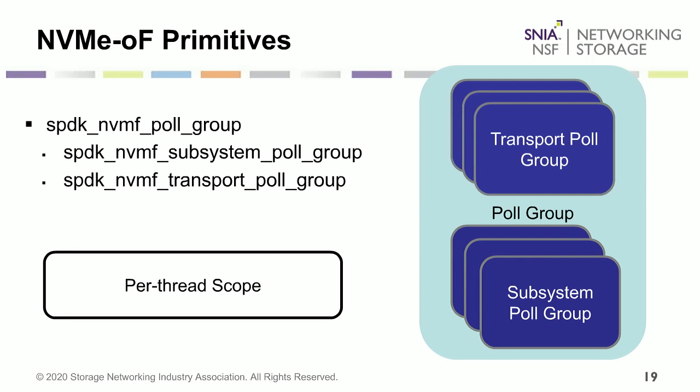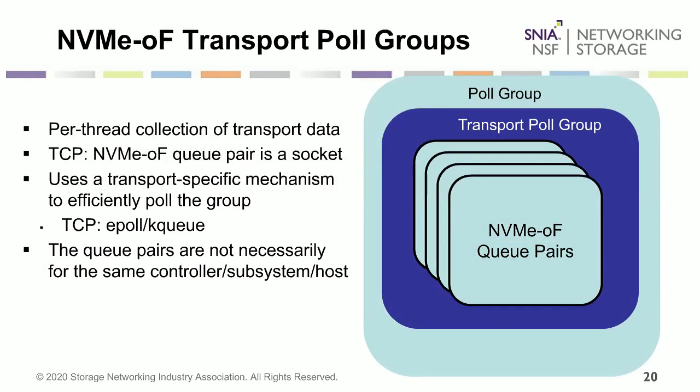And so you'll see here that these poll groups have things inside of them that mirror those two global types of primitives. There's transport poll groups, and there's one of those per transport, and there's subsystem poll groups, and there's one of those per subsystem, and this is all in a poll group, so per thread. All right.